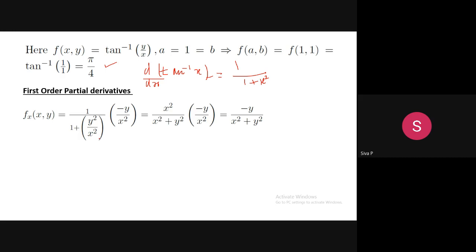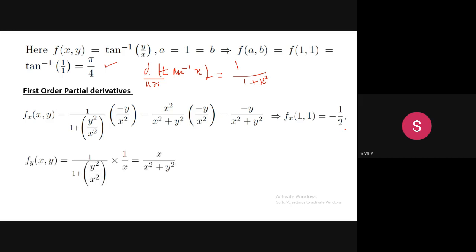When differentiating with respect to x, keep y as constant. Then differentiation of 1 by x is minus 1 by x square. Therefore we get minus y by x square plus y square. When substituting 1 comma 1, fx of 1 comma 1 is minus 1 by 2.